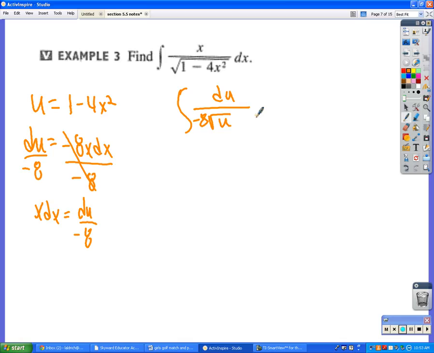So still not taking the antiderivative yet. I'm going to simplify it a little bit more into a problem that I could solve. You could say this is 1 du the whole time.